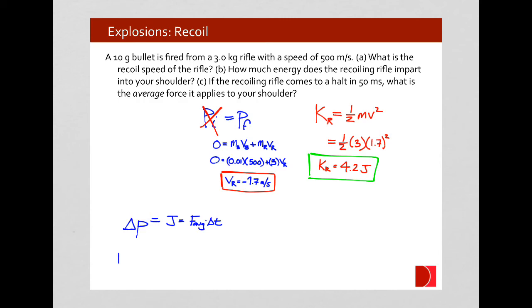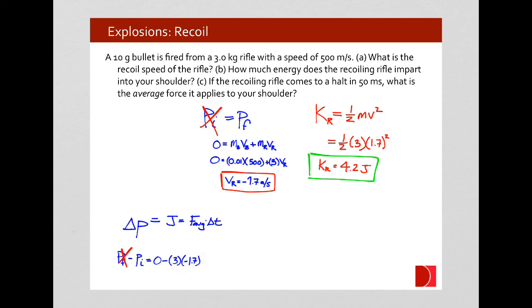So we look at the final momentum minus the initial momentum. The final momentum would be 0 because the rifle comes to a rest after pushing against your shoulder. The initial momentum would be the mass of the rifle multiplied by the velocity of the rifle, and we have to keep in mind that it's a negative velocity.